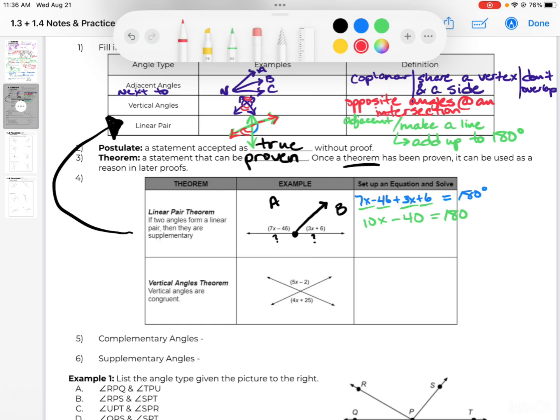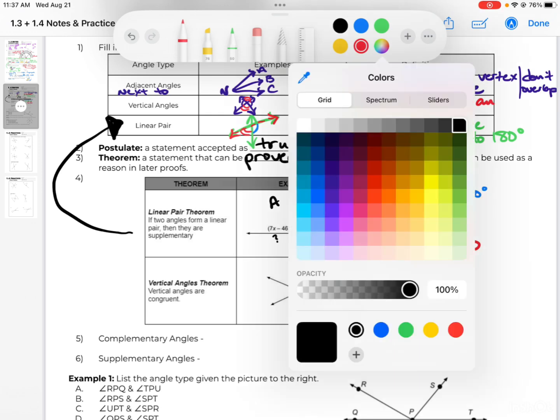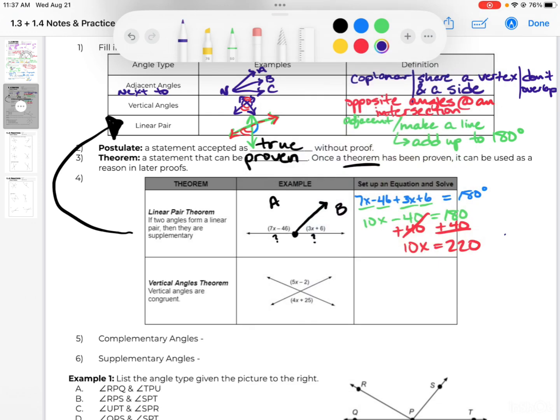And now it's just the process of solving for x. So I'd add 40 to both sides. 10x equals 220. And then I would divide both sides by 10. So I would get x equals 22. And so that's what x equals. If the question said solve for x, you'd be done.